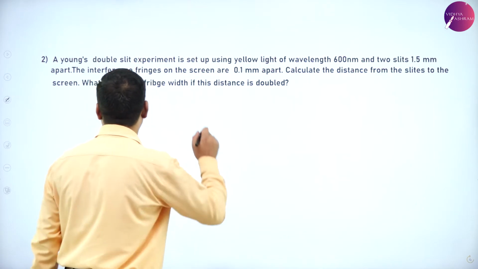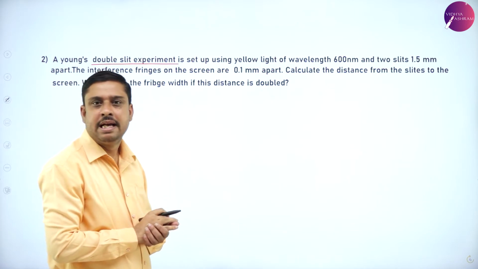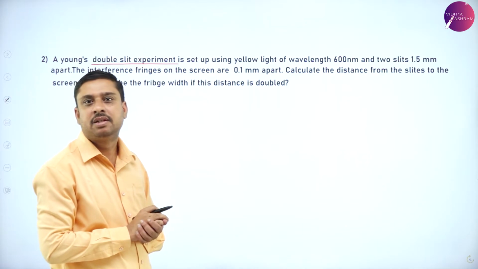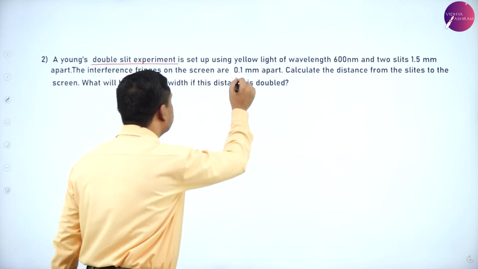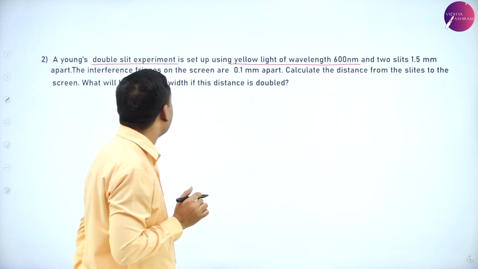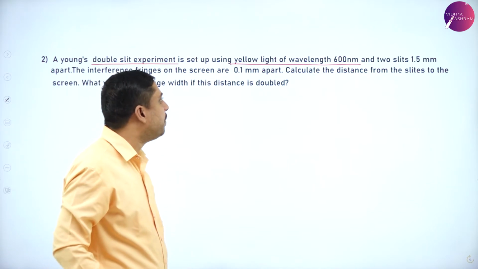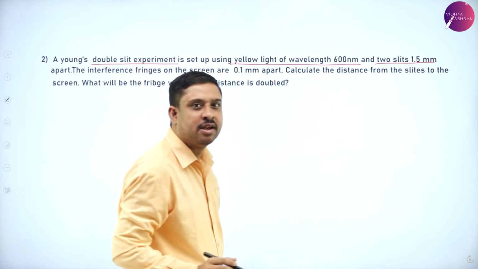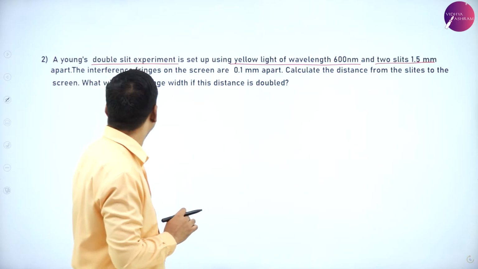The next one. In Young's double slit experiment, YDSE, using yellow light of wavelength 600 nanometers and the two slits 1.5 millimeters apart.